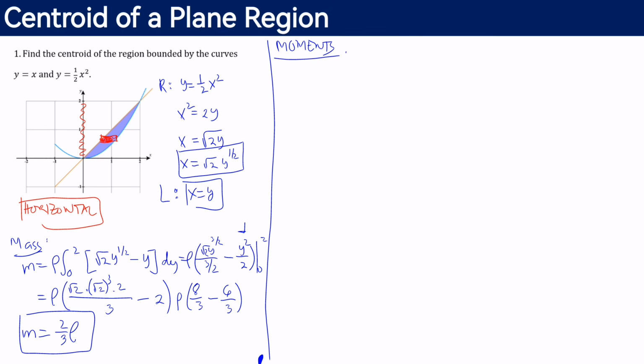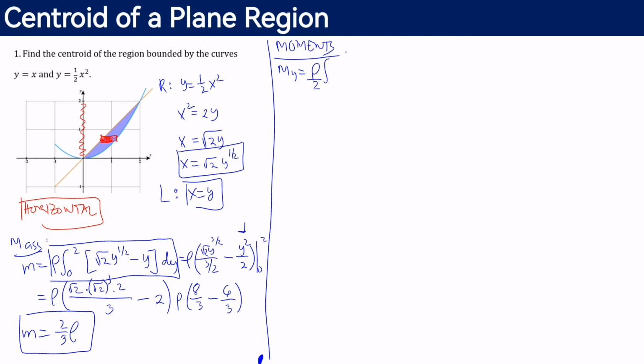using horizontal rectangles, denoted by M sub y. So I have rho times, actually it's just the mass times the location with respect to the y-axis. So it's this part here times the location, which is the average.